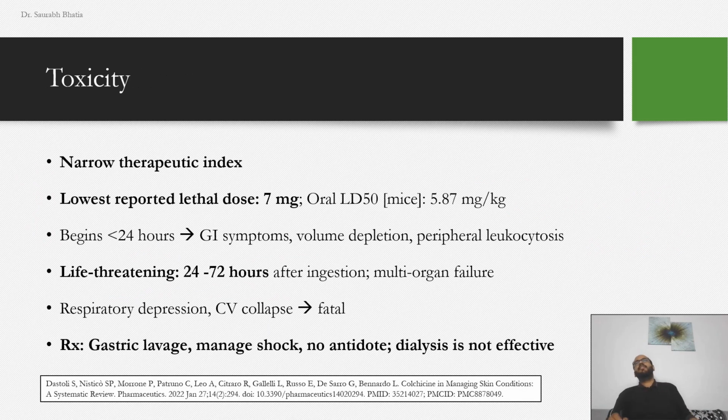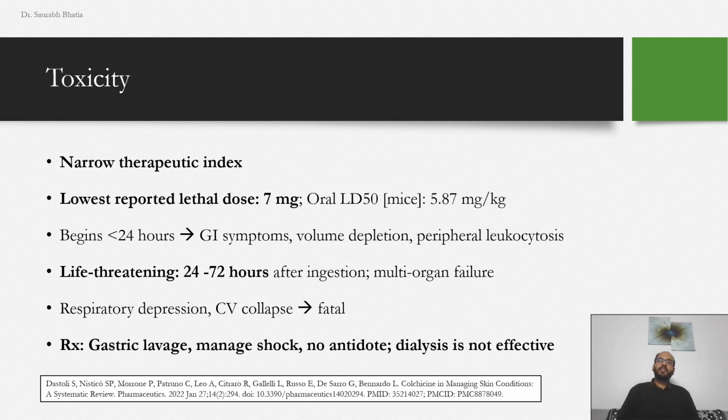Toxicity. It is important to discuss the toxicity of colchicine because toxicity is the very reason why we don't use colchicine. Let me repeat myself again. Colchicine is a very toxic drug. If you remember the first slide of this video, I told you that the plant Colchicum autumnale is toxic to humans.